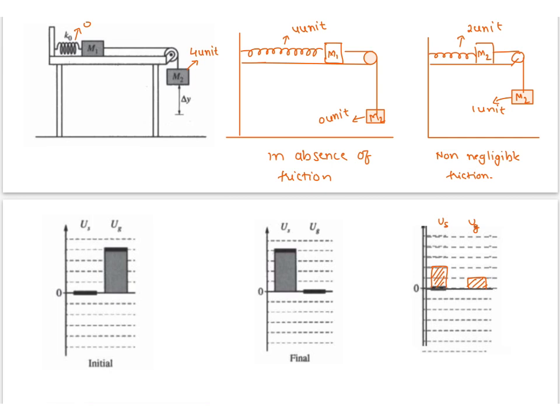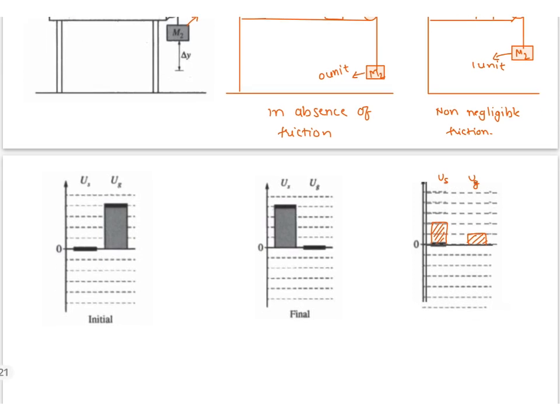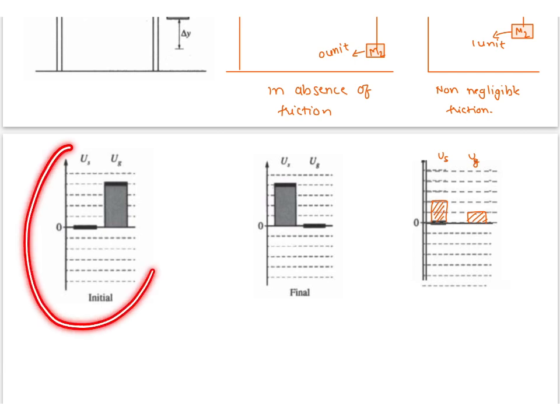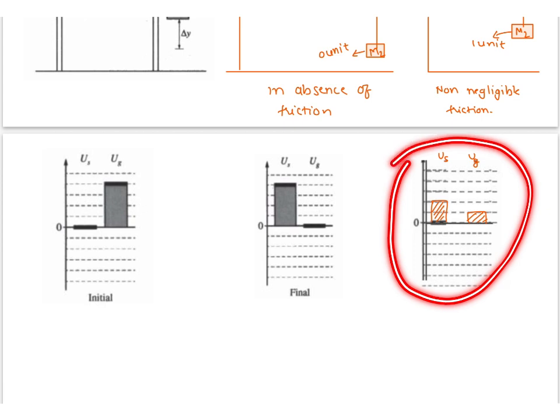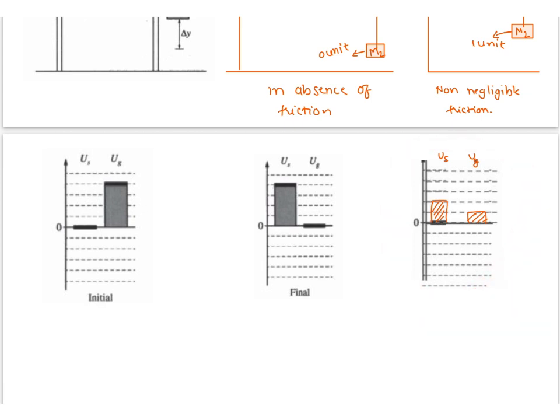So now total energy is 3 units, and I can assume that there is a loss of 1 unit energy here. So I have taken all this just for the sake of explaining. So at last, I can say that initially energy was say 4 units. In the absence of friction, energy will also be 4 units. But when there is frictional force, energy will be decreased. And here, total energy, I have assumed it to be 3 units.